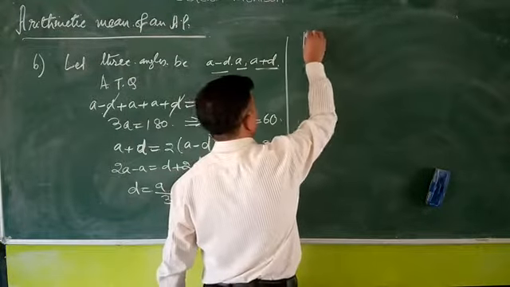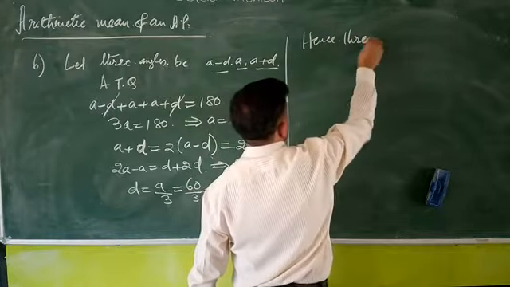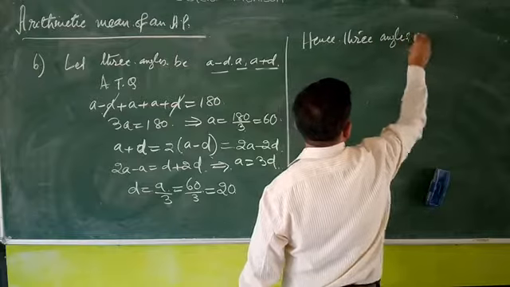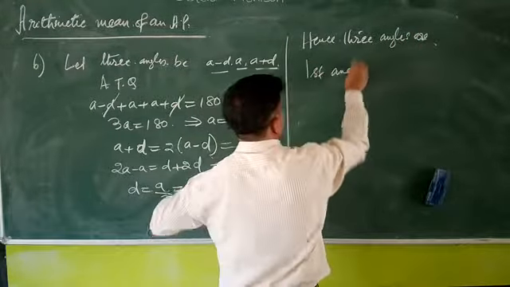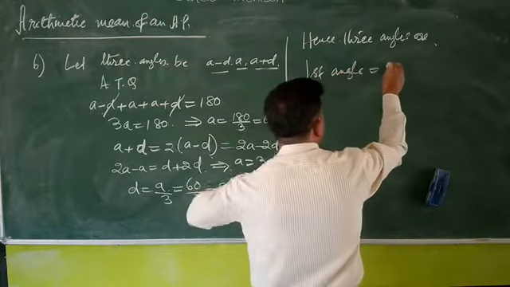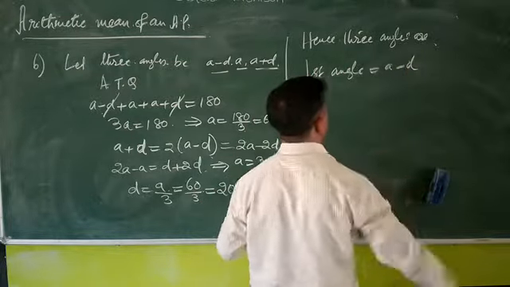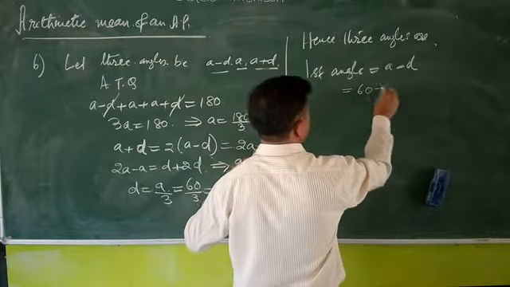So finally we are now going to calculate the 3 angles. So hence, the 3 angles are what? First angle is equal to A minus D. Your A is how much? 60. D is 20.